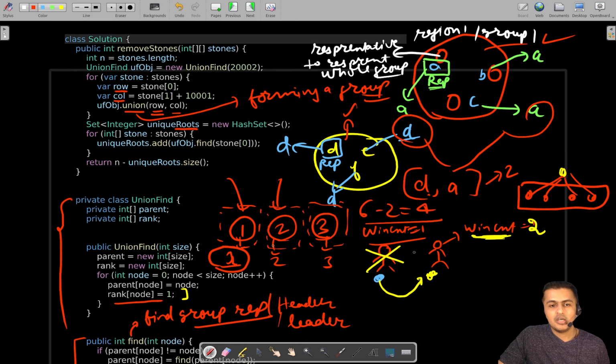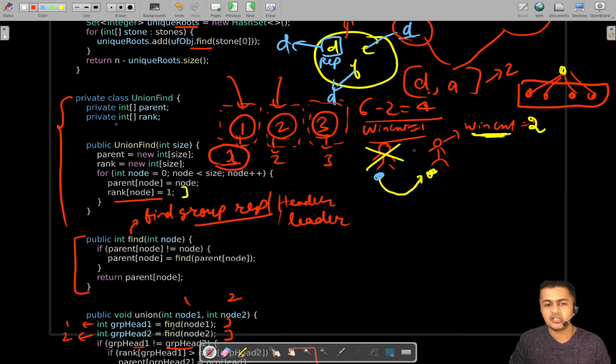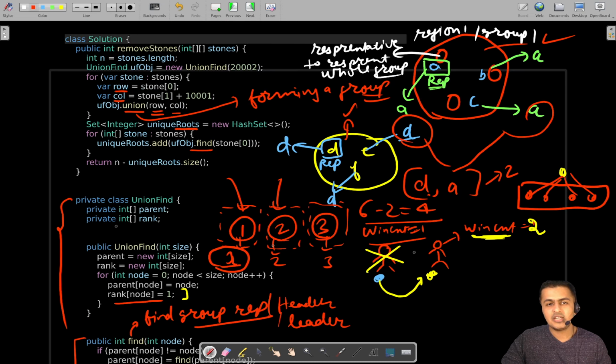As far as the time complexities are concerned, a loose upper bound of this union operation, or this find operation, is what we consider. Union operation is also using the find operation internally. So for these couple of operations that we are using, find and union, internally union is also calling find.